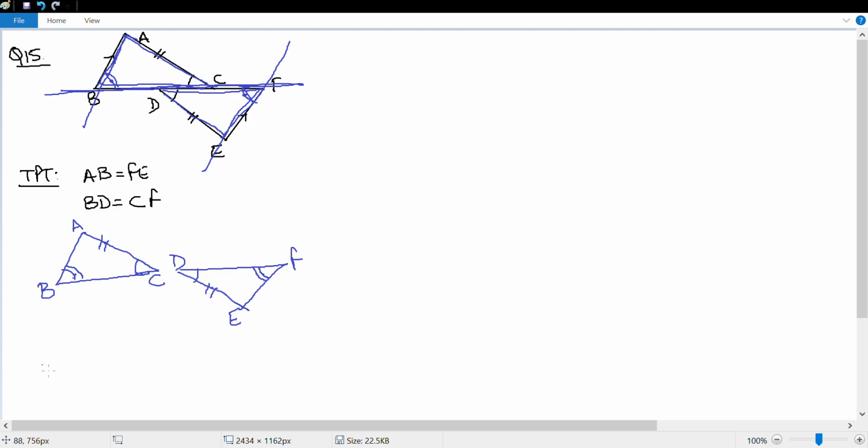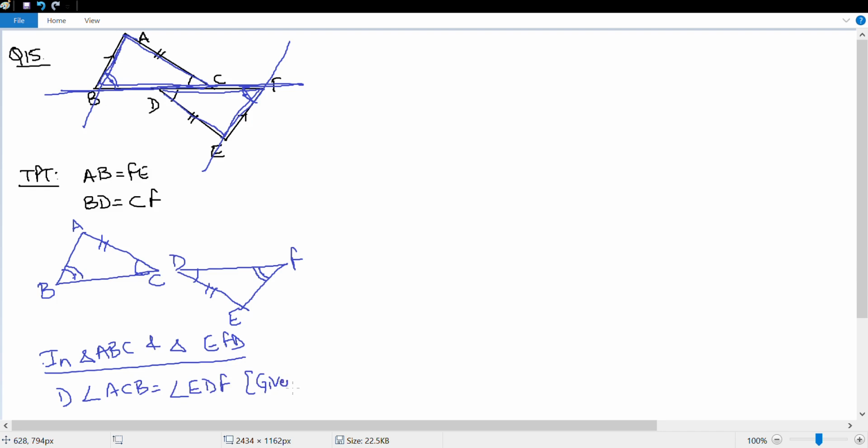Perfect. Let's start writing. So in triangle ABC and triangle EFD, number 1, angle ACB is equal to angle EDF. Why? It's given in the question.